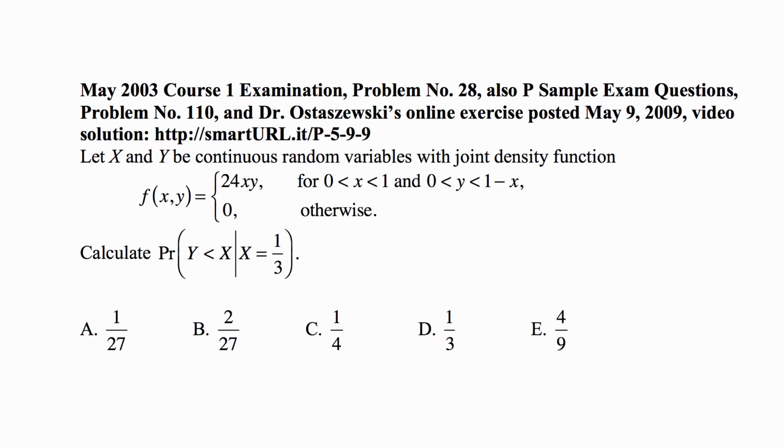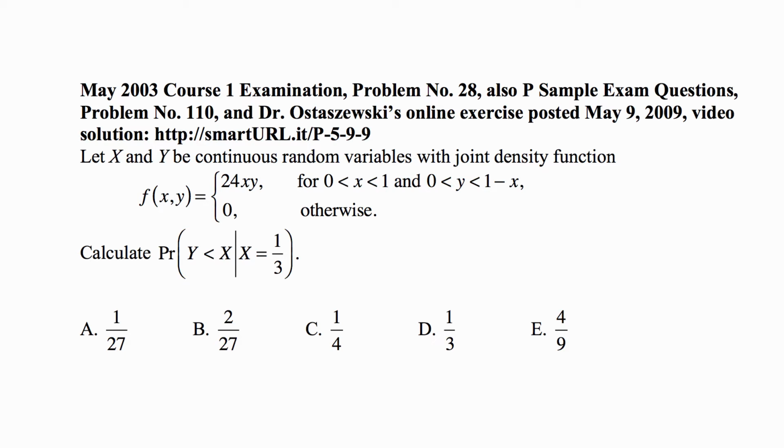So note that there is this dependence of y on x. Sorry, I made it unnecessarily complicated. The formula applies whenever x is between 0 and 1 and y is between 0 and 1 minus x.